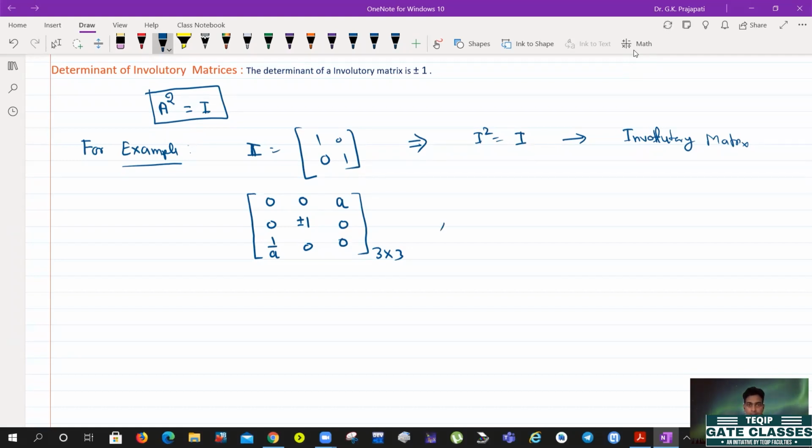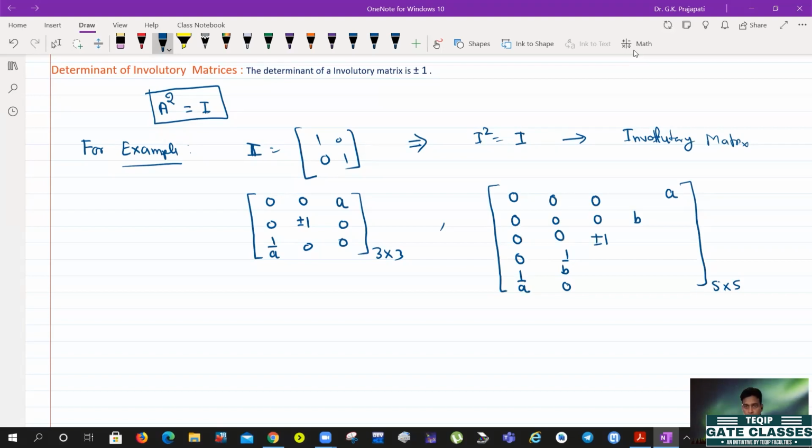You can find similarly another matrix of order 5 cross 5 whose elements are like a, b, plus minus 1, and its inverse, meaning the inverse of b is 1 by b and the inverse of a is 1 by a, and put the other elements as 0.